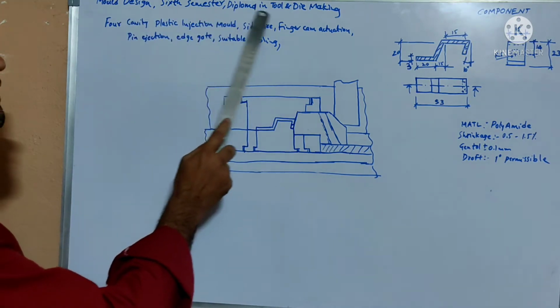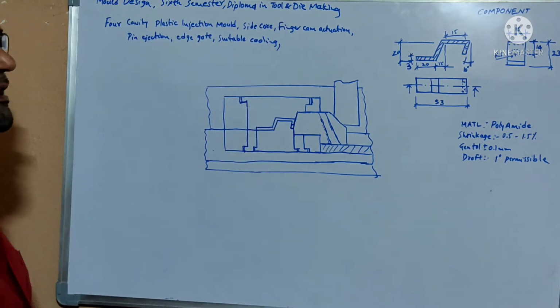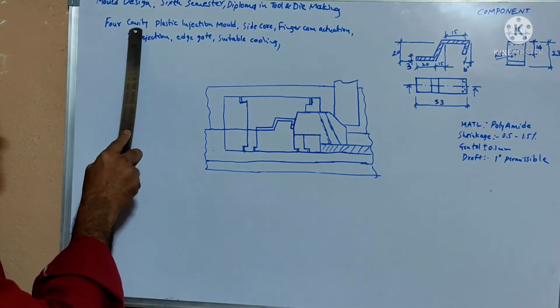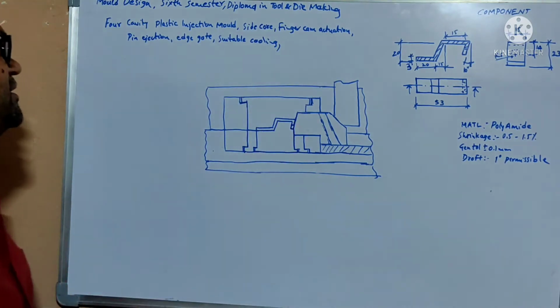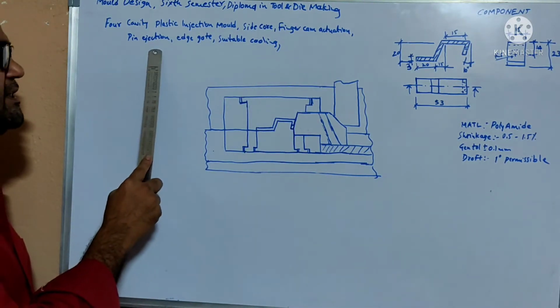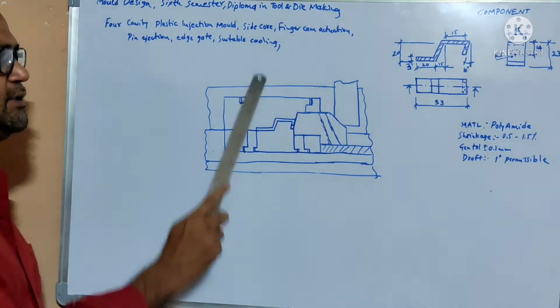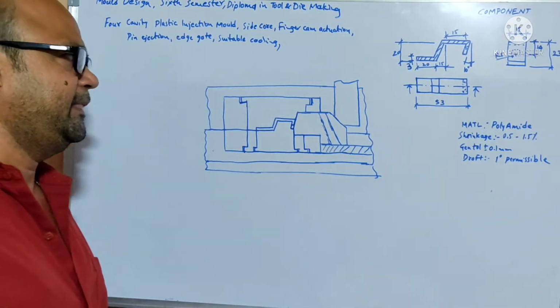Here for this component we are going for the mold design for the 6th semester diploma in tool and die making. This component requires a 4 cavity plastic injection mold with side core, finger cam actuation, pin ejection, edge gate, and suitable cooling.